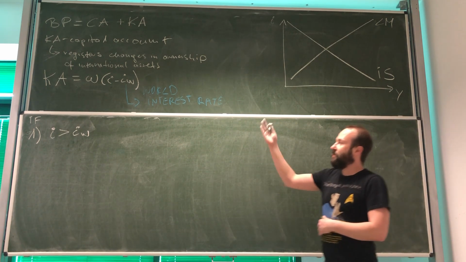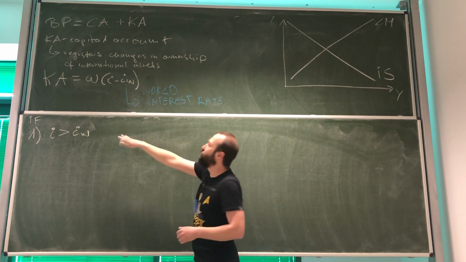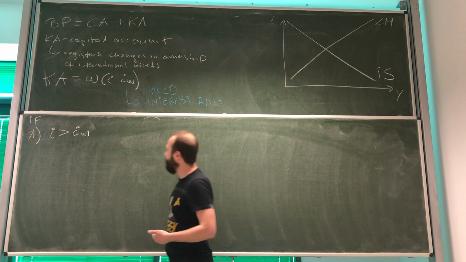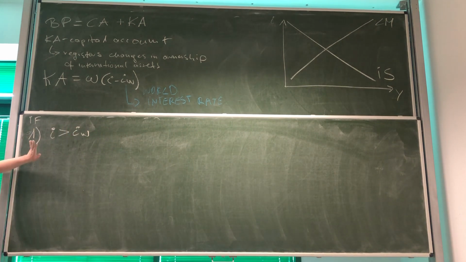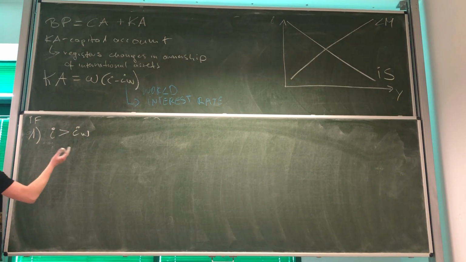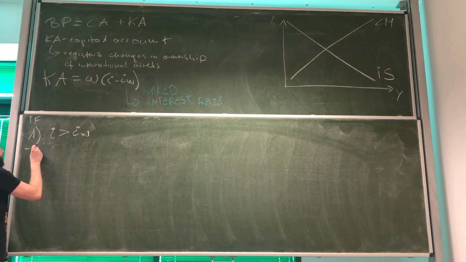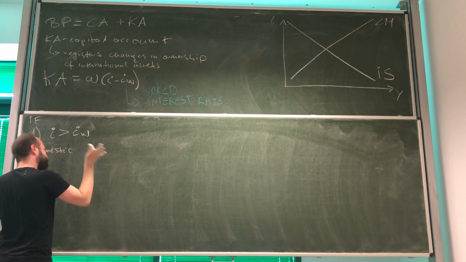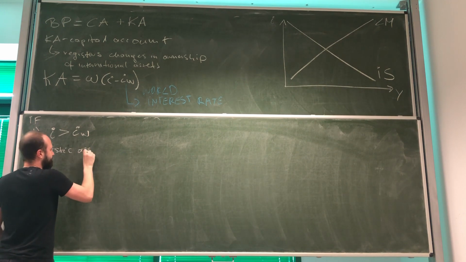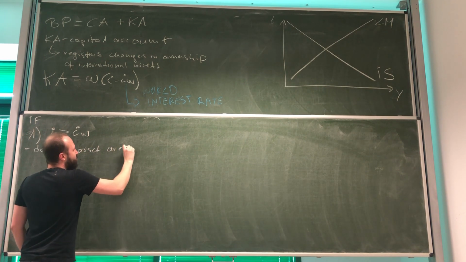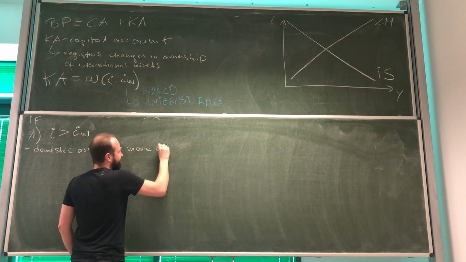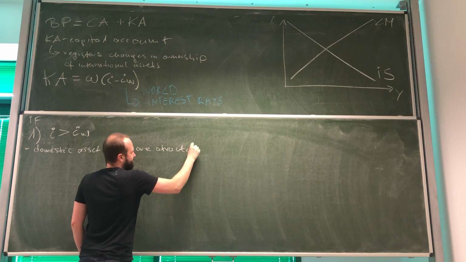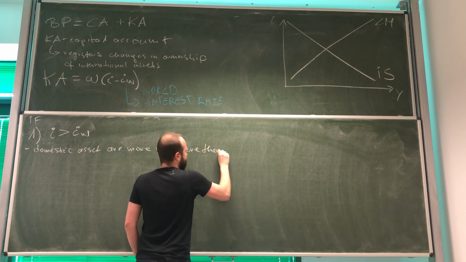Well, of course, I would assume you would prefer to have a bond that gives you higher interest. So in this case, we can say that domestic assets, of course we think bonds, are more attractive than foreign.